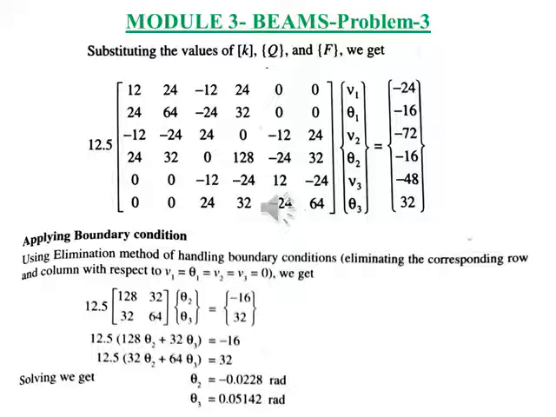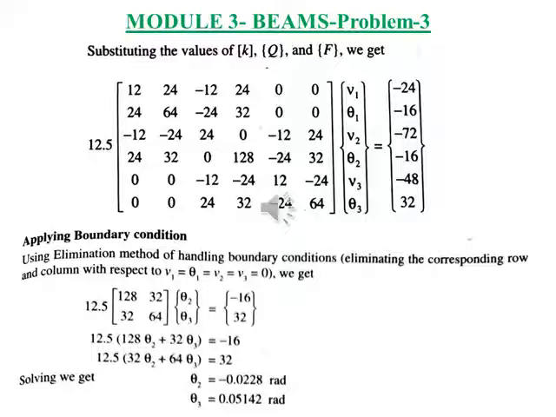We know that mu1, theta 1, mu2, mu3 are equal to 0, because it is clearly evident from the supports that there is no deflection, no free movement at node 1, whereas at node 2 and node 3 theta is allowed. Hence theta 2 and theta 3 are not 0.